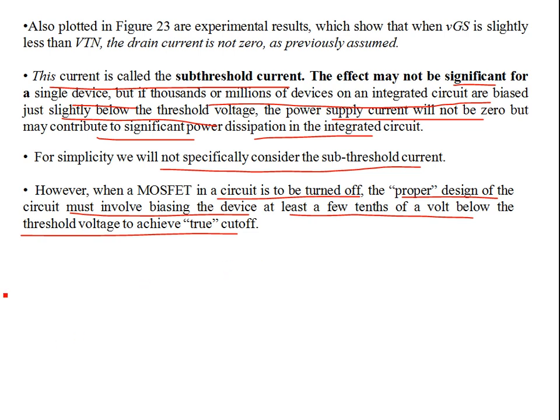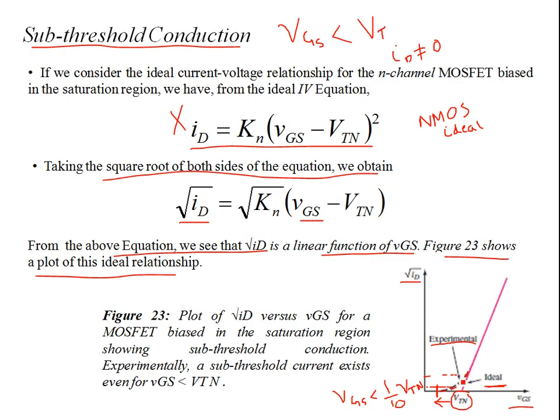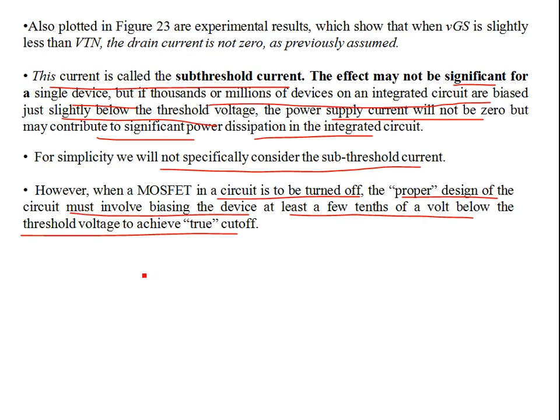So the physical interpretation of what goes on over here is: why, even when VGS is below VTN, the threshold voltage, since you don't have an inversion layer, what causes this conduction? You see, if you recall our discussion on short channel effect, let's consider NMOS again.